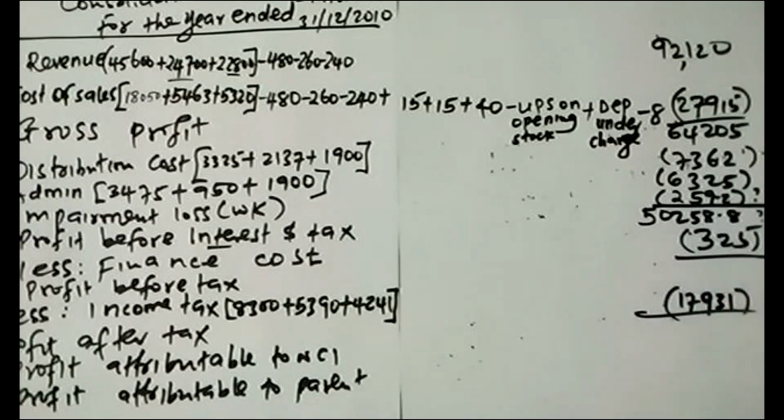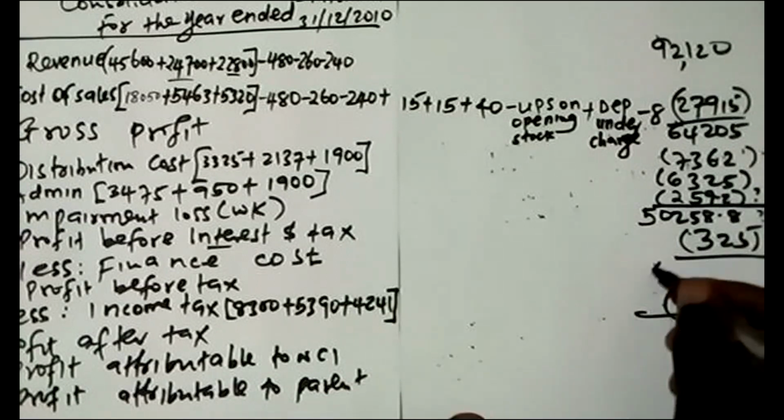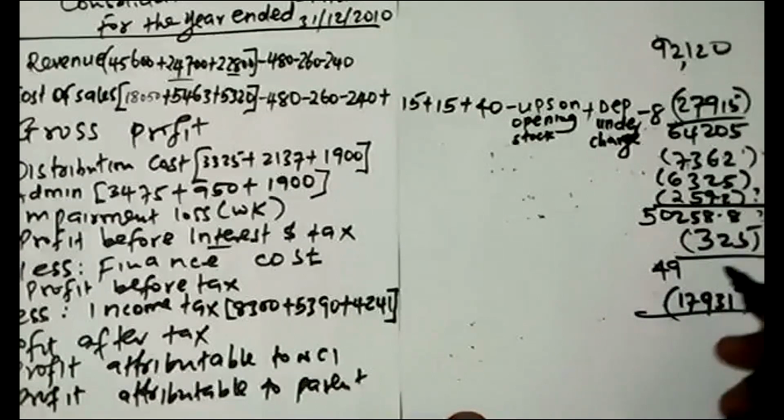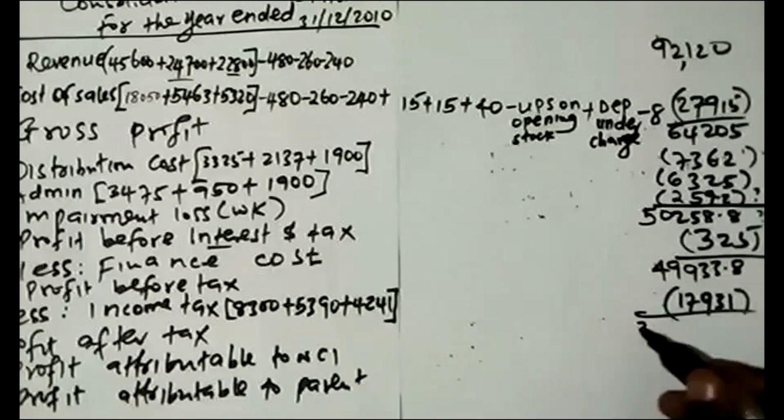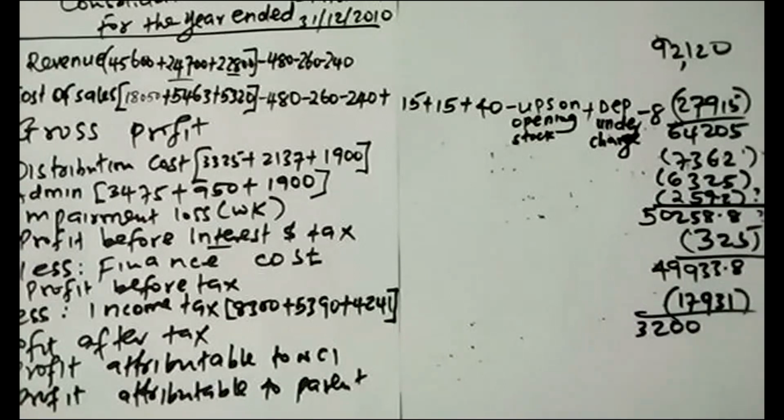Subtract 325, and you get 49,933.8. Subtract 17,931, which is tax. That gives 32,002.8. So this is now the total profit.